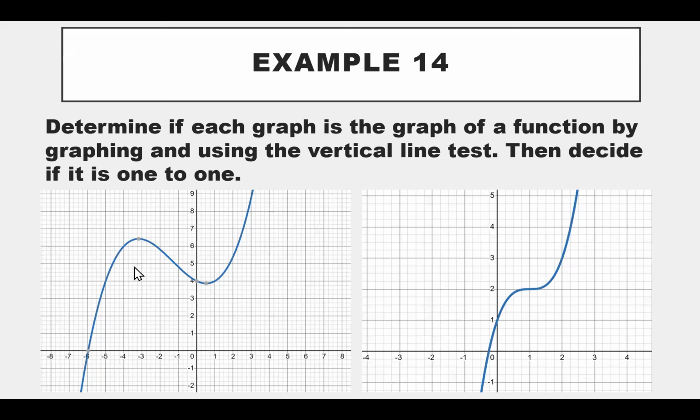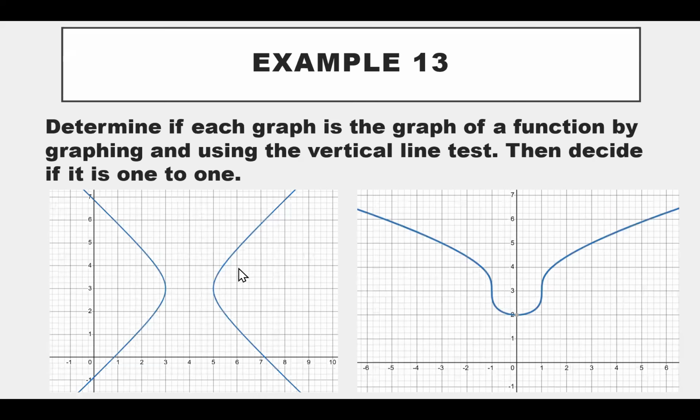In example 14, we had a one-to-one function on the right, a function which was not one-to-one on the left. In example 13, we had a function that was not one-to-one on the right, and on the left, we had something that was not a function.